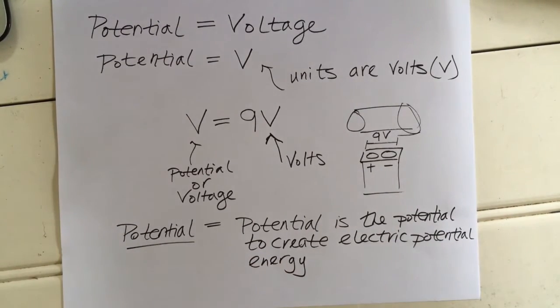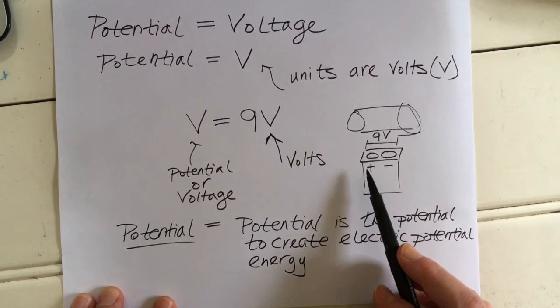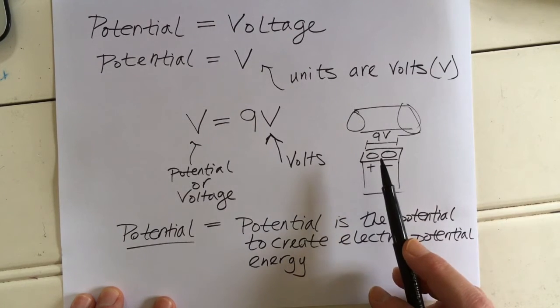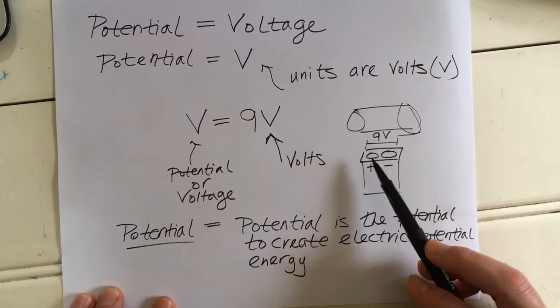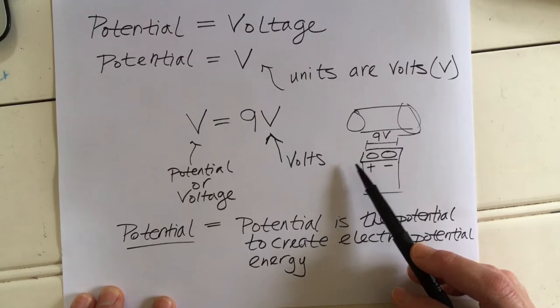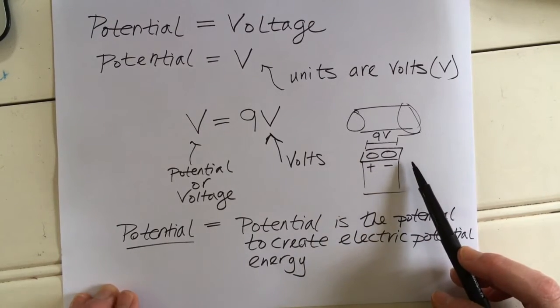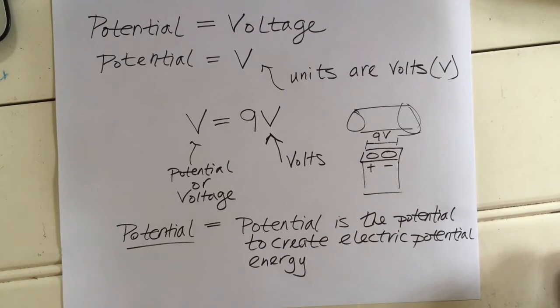And so what we're saying there is this battery is going to create a potential difference here. If we put charge on a terminal, say positive charge on this terminal, it's going to want to use that potential. It's going to experience a force, an electromotive force, to move through the circuit and drop its potential, right?